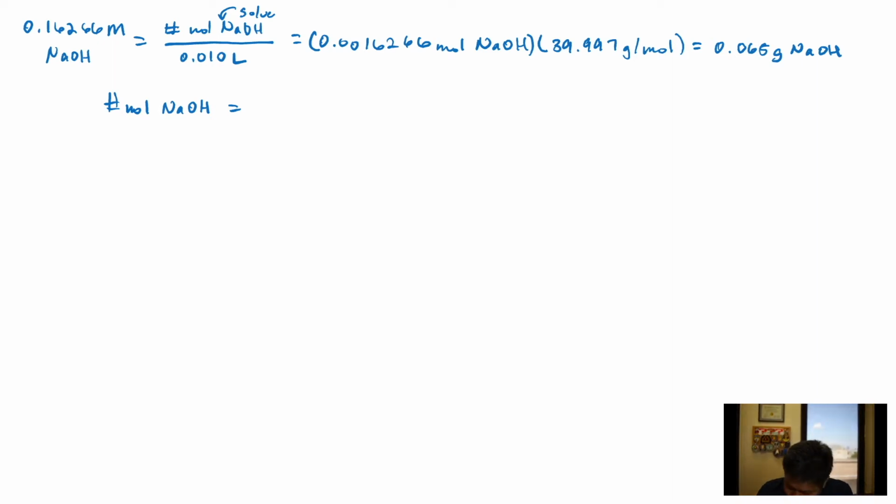You take this number here, which is 0.065, and then it's going to be plus or minus the 0.003 grams.